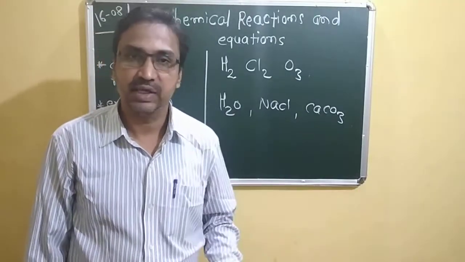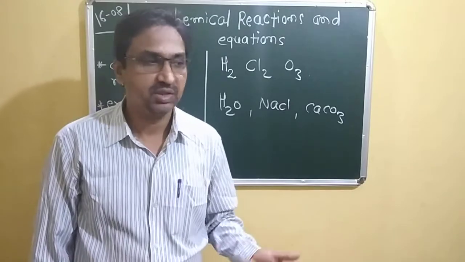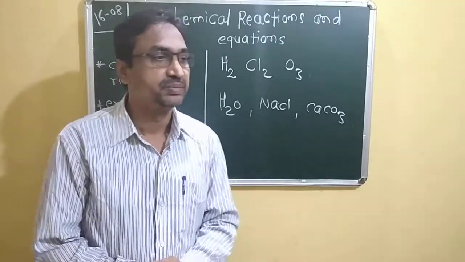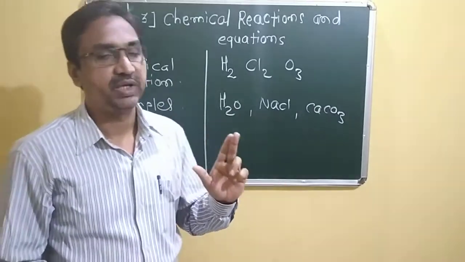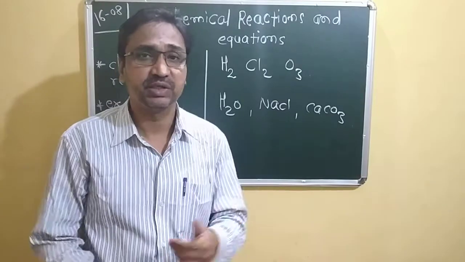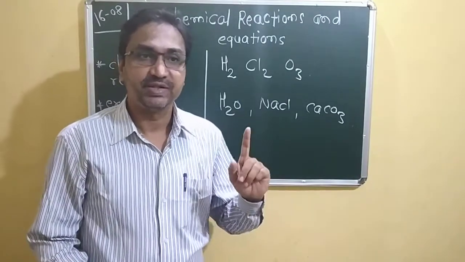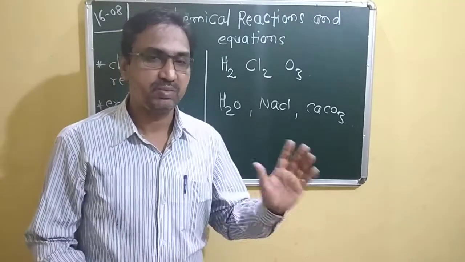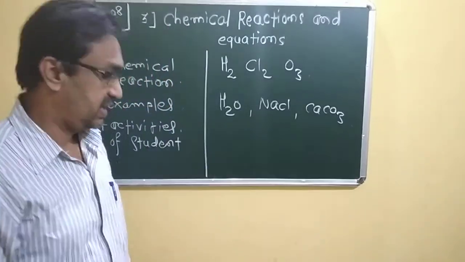If there are 6 electrons in the valence shell, as in oxygen, it takes 2 electrons from another element, so its valence is -2. And if there are 7 electrons in the outermost shell, it requires 1 electron to complete its octet, so its valence is -1. In this way valence indicates the combining capacity.